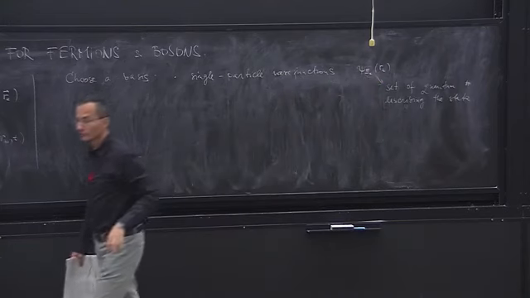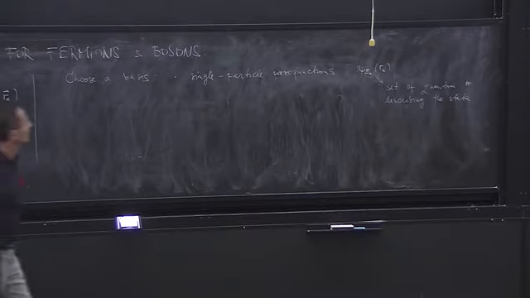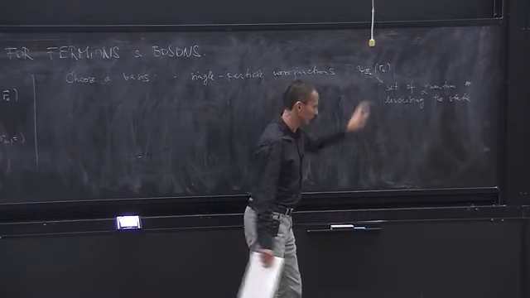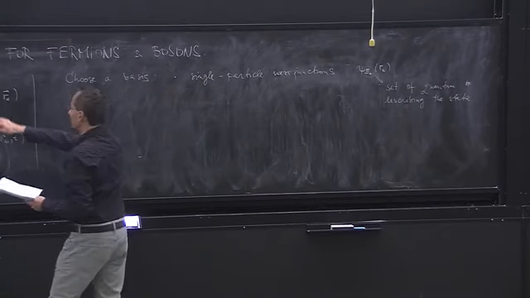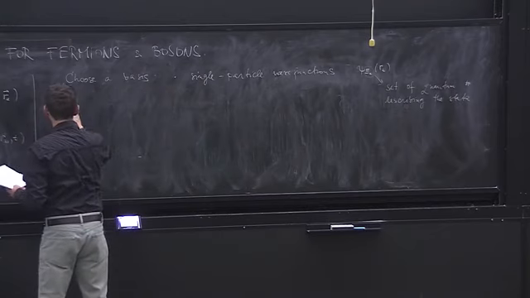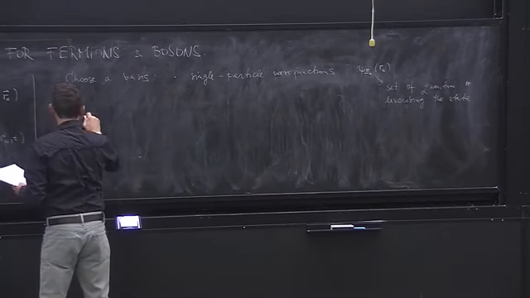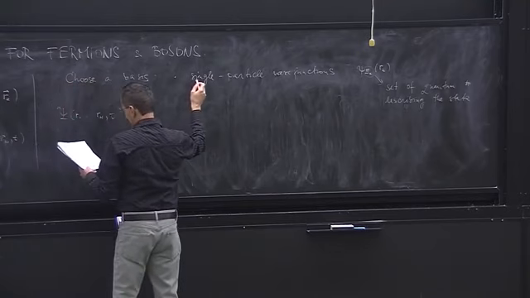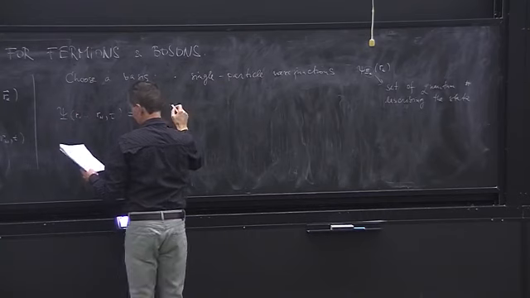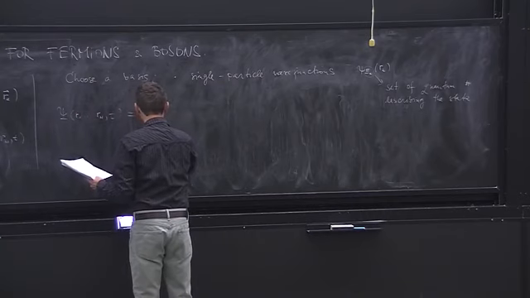You can use any convenient basis here, but the point is it's a single particle basis. And in this basis, one can write this many-body wave function as follows. We just do a usual expansion.